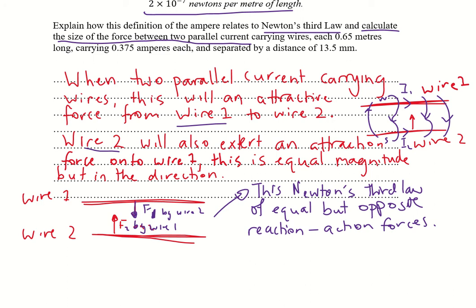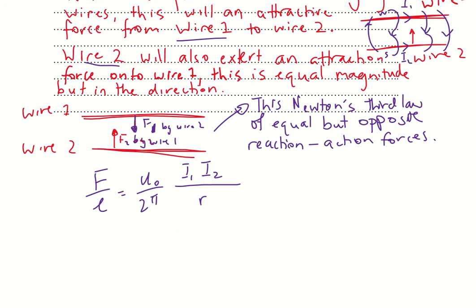Now the formula that I use to calculate this is F over L equals mu naught over 2 pi times I1 I2 over r. Okay, so let's do our substitutions. We know that the length is 0.65 in meters. So if I just swap these around, come down here.